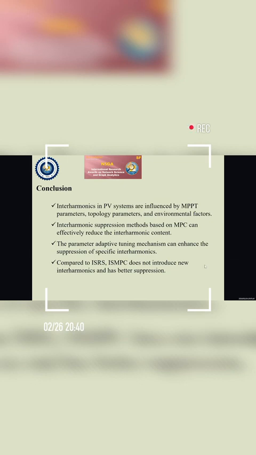Okay, finally, let's make a conclusion. Through analysis and experiment, we get some conclusions. First, interharmonics in PV system are influenced by MPPT parameters, topology parameters, and environment parameters.